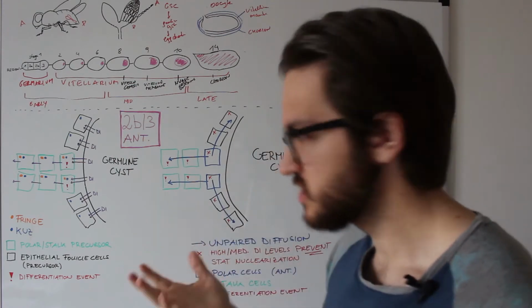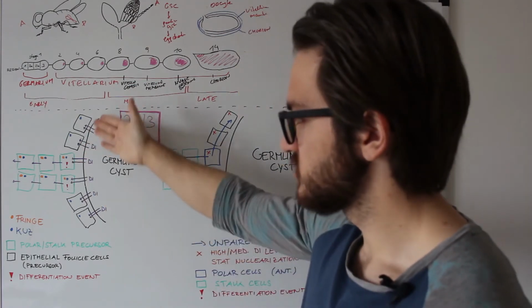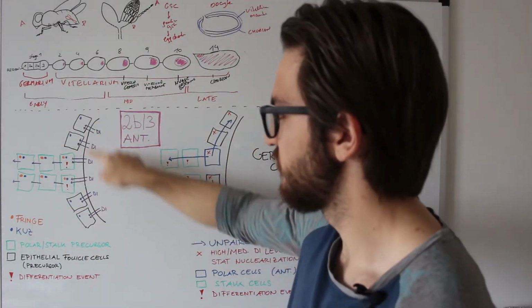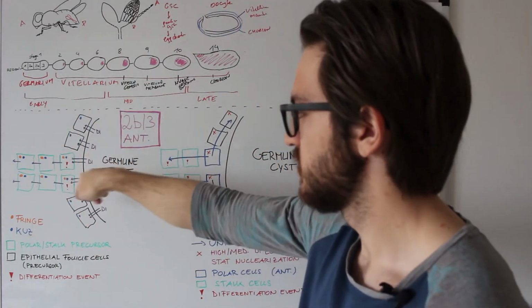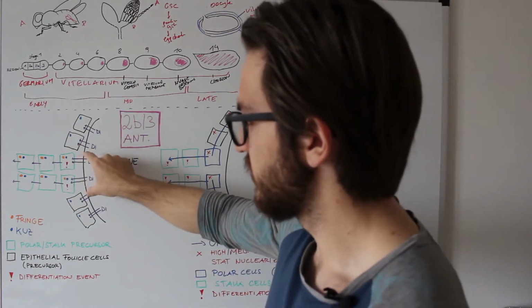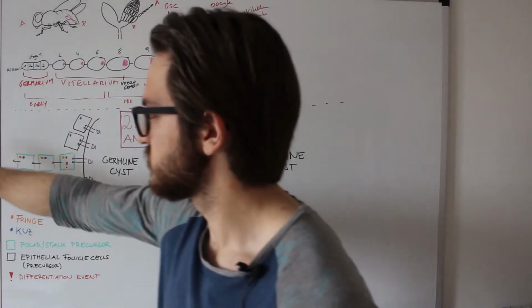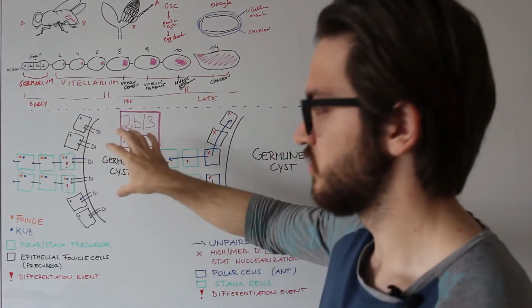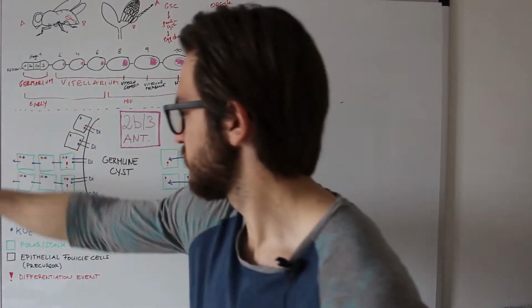So let's imagine this is the germline cyst in black. Then you have the follicle cells, different kinds of follicle cells here in these squares. And they will produce the stalk to the next newer germline cyst, because this one will move more posteriorly, and also the others.